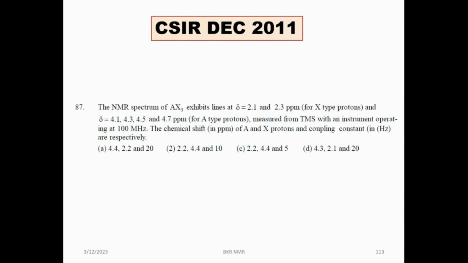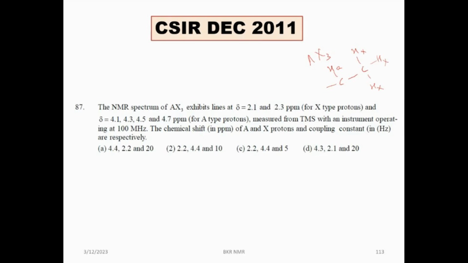AX3 சரியா? So proton type is AX3. AX3 என்னன்னா you have a hydrogen A and neighboring you have 3 different hydrogens, X hydrogens. Now this AX, there was Pople notation, so we need not know all that. இப்போ நம்மளுக்கு தேவையில்லை, spin system அதெல்லாம் தேவையில்லை, அதனால I'm not going to discuss about all that.